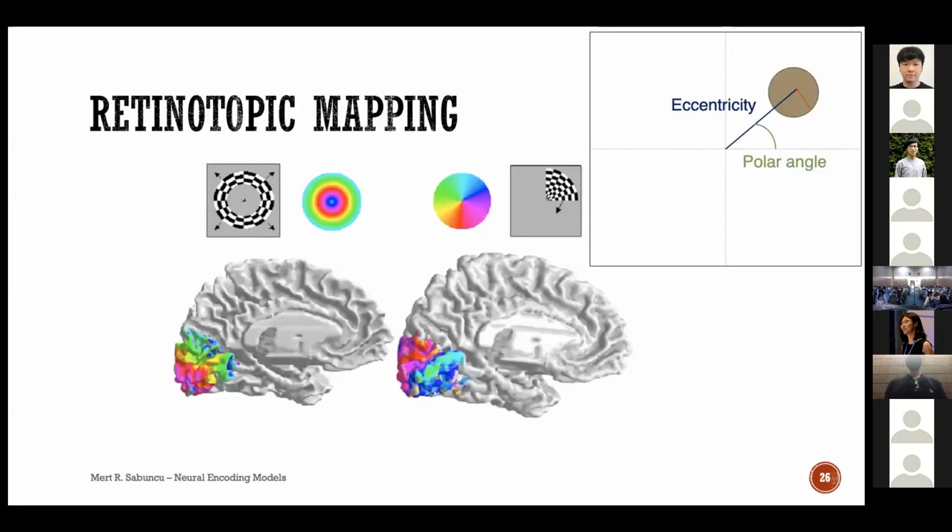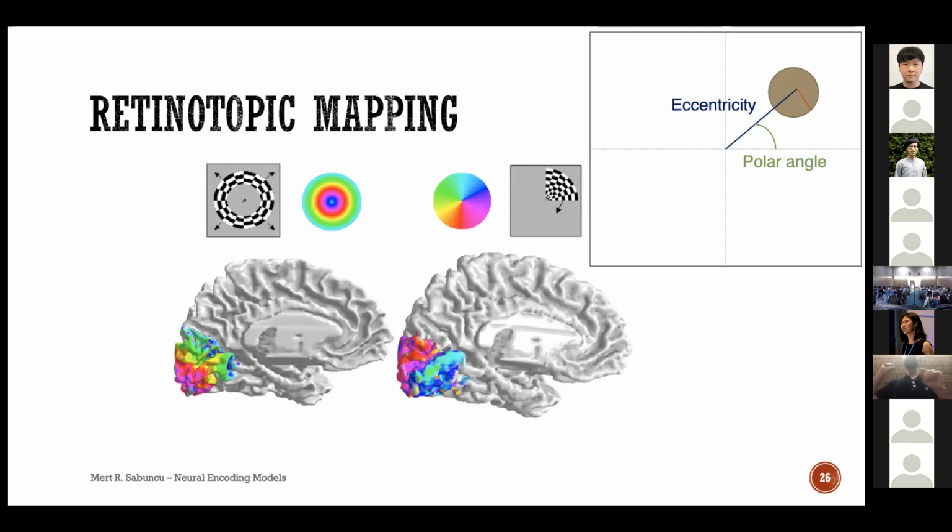Okay. Now, one thing we were super interested in looking at for this is one of the fundamental questions about characterizing the early visual system in the brain: there's this retinotopic mapping between the visual scene that you're looking at and the early visual system in your brain, particularly V1 through V4.